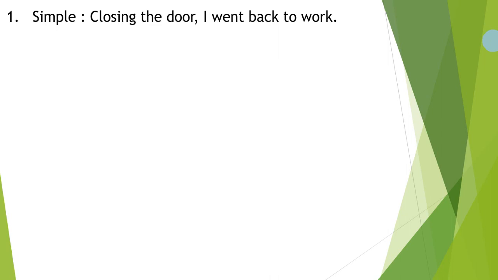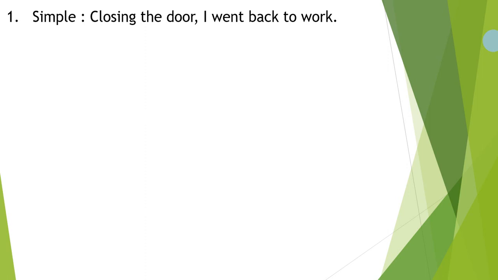Dear learners, now let us start transforming simple sentence into complex sentence. Number 1, simple sentence. Closing the door, I went back to work. Rule. If the simple sentence is done by adding present participle, it will be transformed into complex sentence by expanding present participle phrase into an adverbial clause.